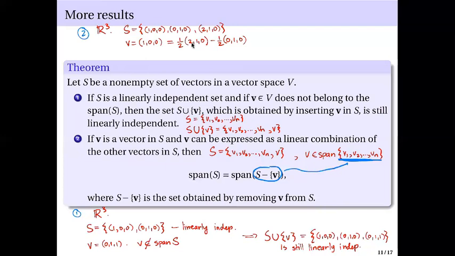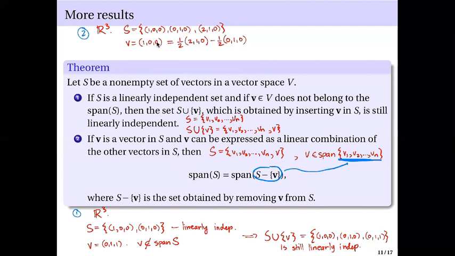So 1 half times 2, 1, 0 becomes 1, 1 half, 0, minus 1 half of this, so this becomes 0, 1 half, 0. So the middle becomes 1 half minus 1 half, that becomes 0. The first entry, 1 half times 2, that's 1, minus 0, that's 1. And of course, the third entry here, 0 and 0, it's still 0.